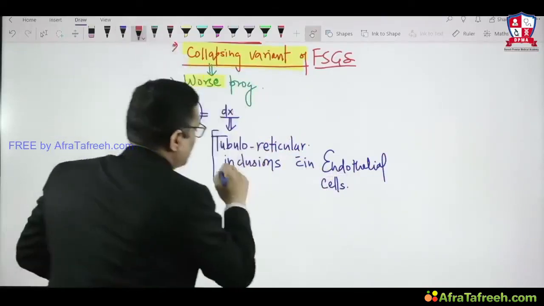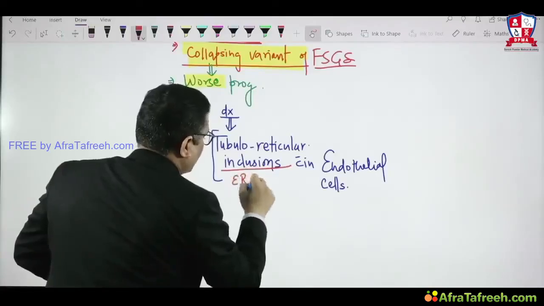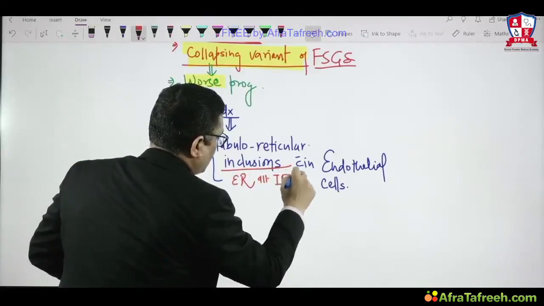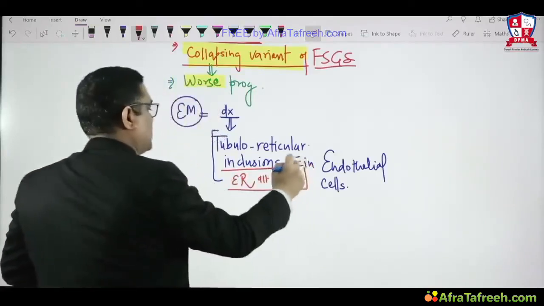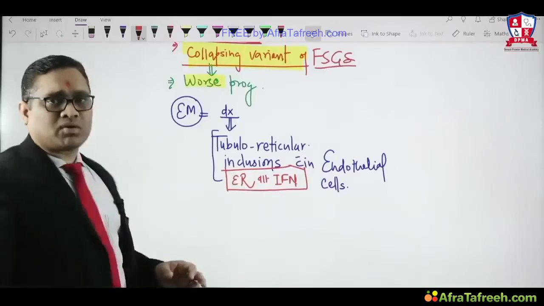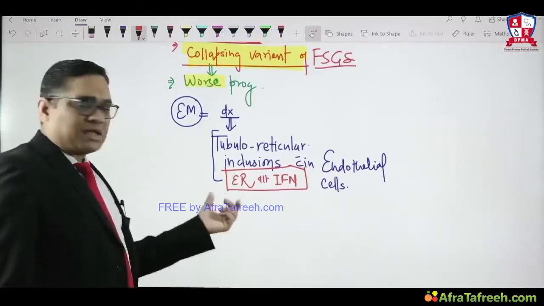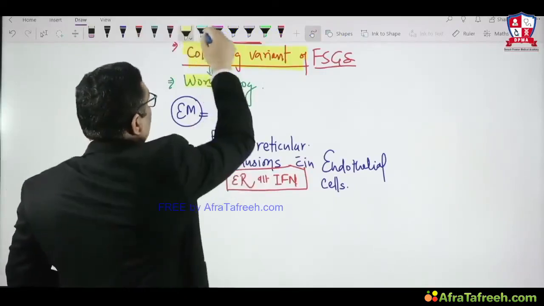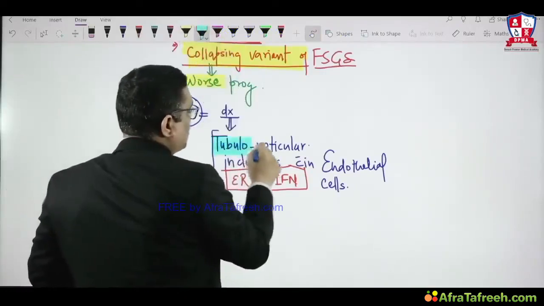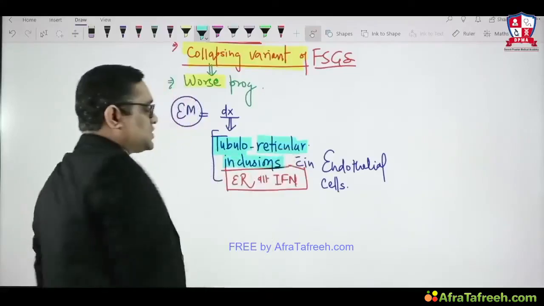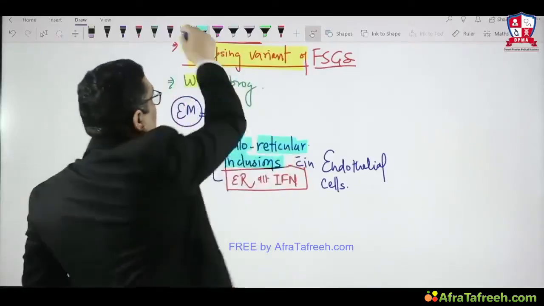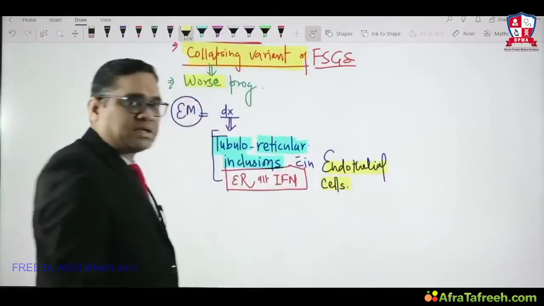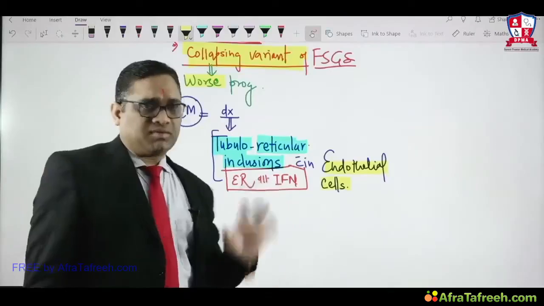What are these tubuloreticular inclusions? They are endoplasmic reticulum changes due to interferon, right? Because of the interferon treatment given to HIV positive patients, the endoplasmic reticulum is altered and visible as tubuloreticular inclusions. These within the endothelial cells are diagnostic of the collapsing type of FSGS in HIV patients, right?